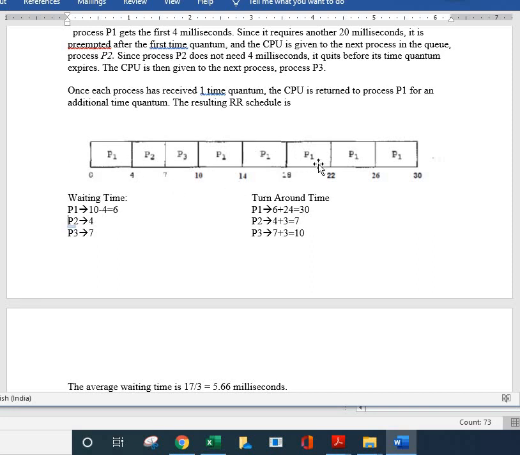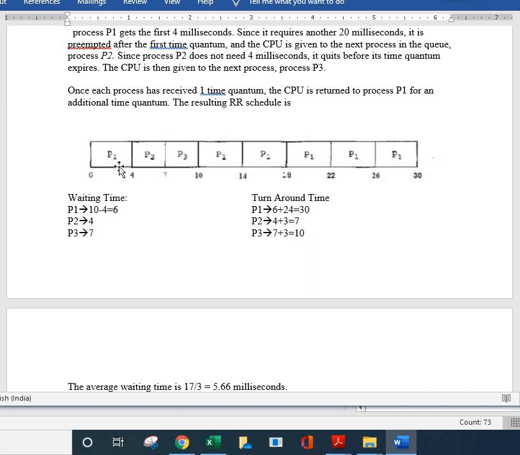If we need to calculate the waiting time for P1, P1 gets the chance to execute first, and later P2 and P3, and finally P1 gets the chance again and completes up to the 30th millisecond, but P1 needs to wait until the 10th millisecond before it gets to execute further. So it is 10, so we need to consider the waiting time of P1 as 10.